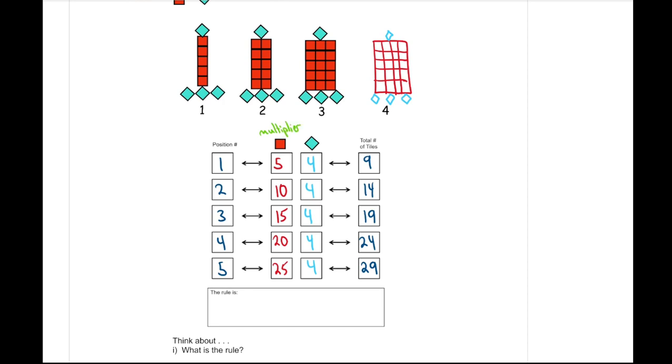So my multiplier is going to be represented by the red tiles, and my constant is going to be represented by the tiles that aren't changing, which are the teal tiles.